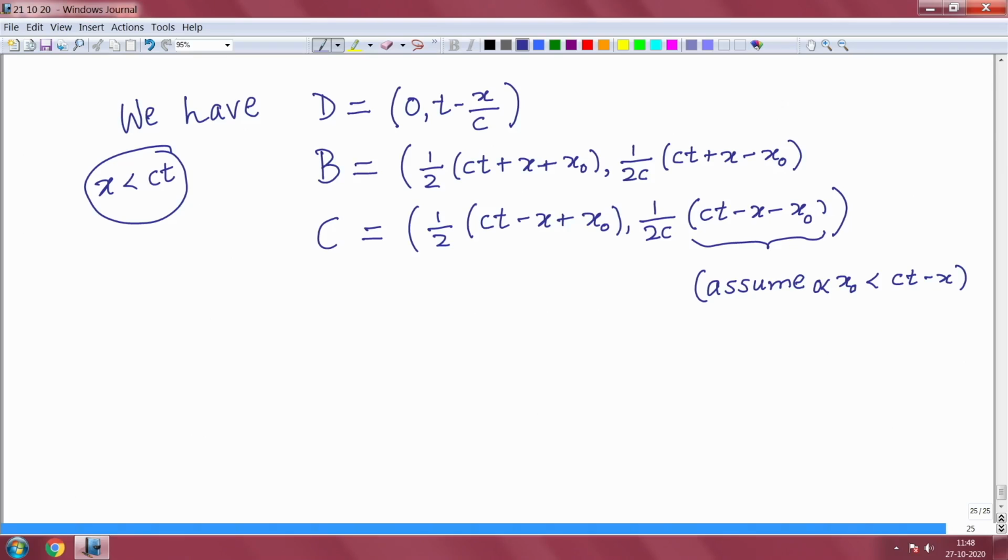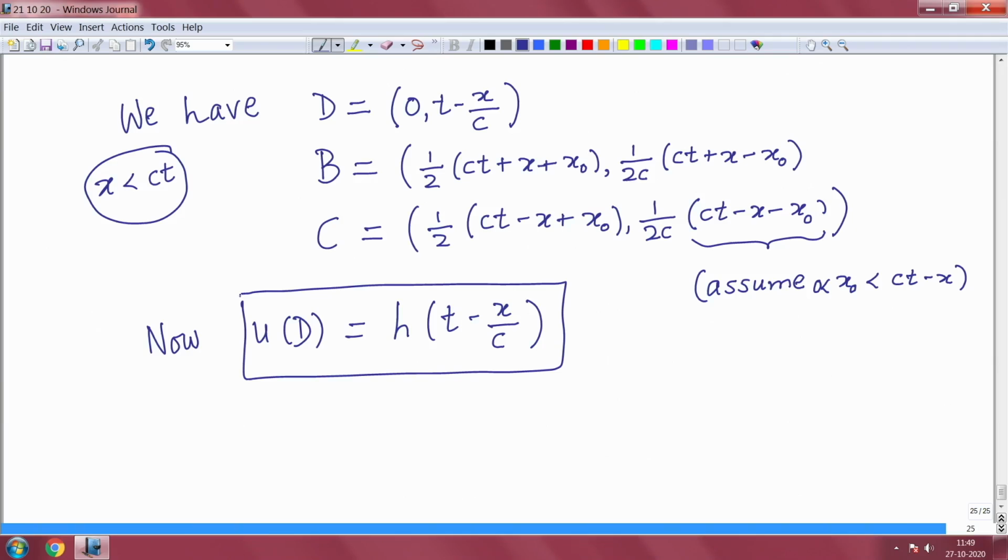There is no problem finding x_0, and soon we will see that x_0 does not appear in the final formula for the solution. It is just like a catalyst. Now u of D is simply h of t minus x by c, since D is a point on the boundary line. There is no problem at all.